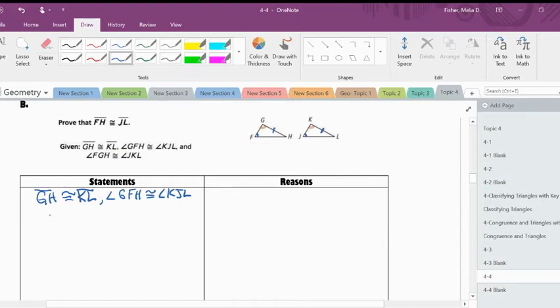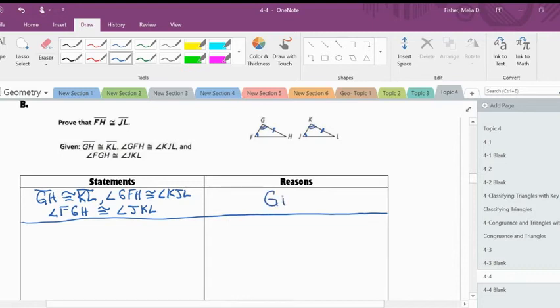And then lastly, angle FGH was given as congruent to angle JKL, and that is marked here and here. Of course, all of that I'm just going to put together, and I'm going to say given. Often when they have you list these, they will list the individual pieces on different lines, but we're going to go ahead and put that all as given.